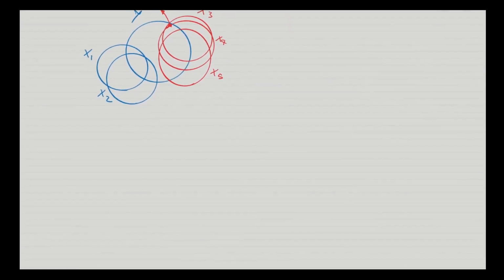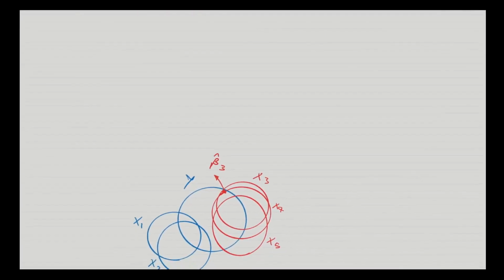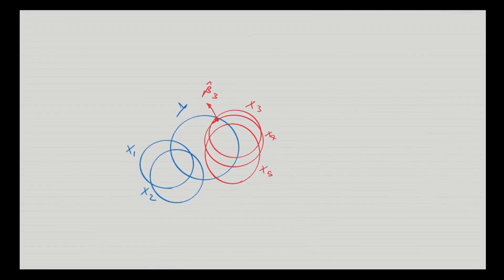Maybe something like this. Let's say this is x3, x4, and x5. If I want to calculate the beta hat of x3, look at that. OLS is going to use only this area. Oh, sorry, you don't see that. Let's see. I think it's better now.